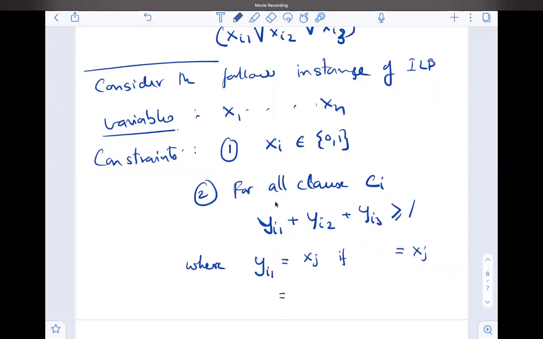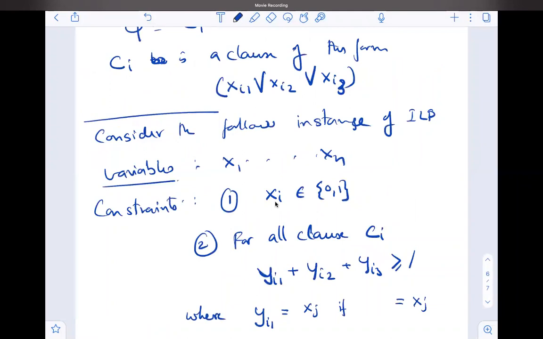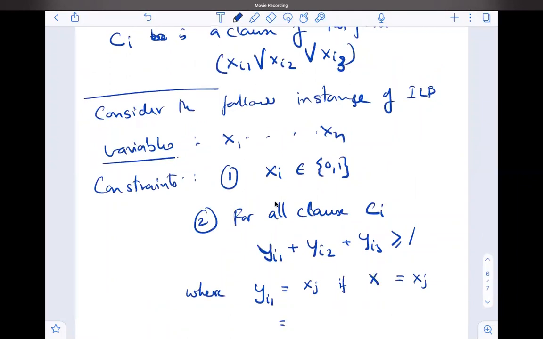So we'll have to change some notation, right?